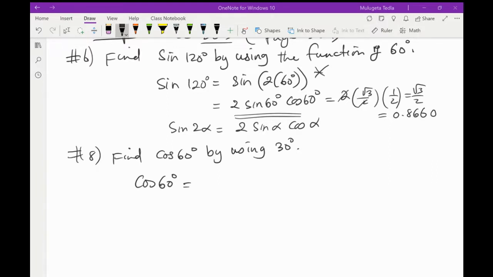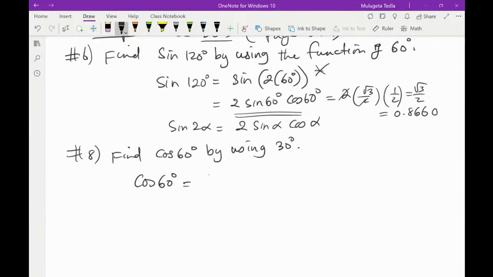Yeah, I'm glad you brought this up. 1 minus sine squared 60, because cos squared, well, it's not even squared. So we can't use this. We can't use this at all.